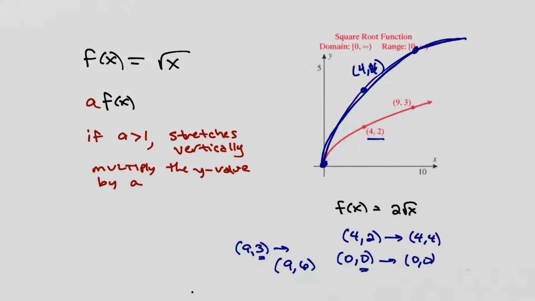Right? So what I did was I took each of these points and I stretched them out to these new values there. Right? So if I multiply the function by a number on the outside, and that number is bigger than 1, I'm going to affect the y values by that multiple of a.